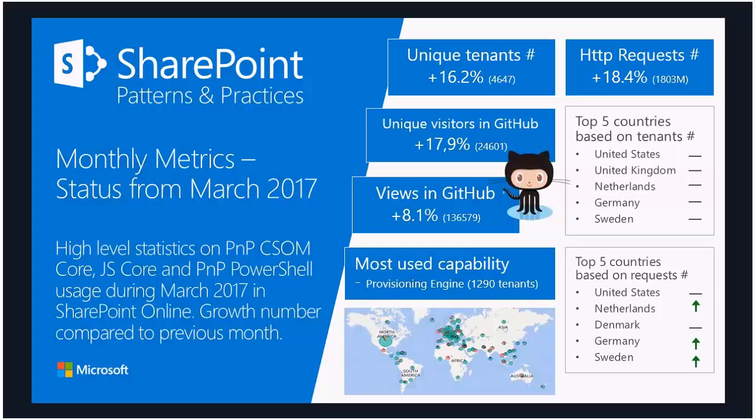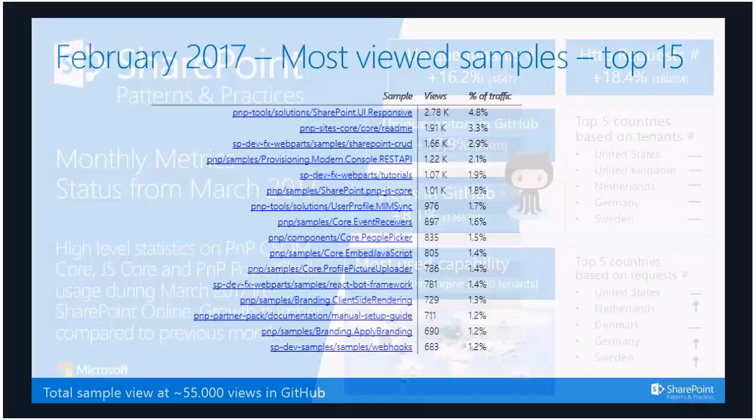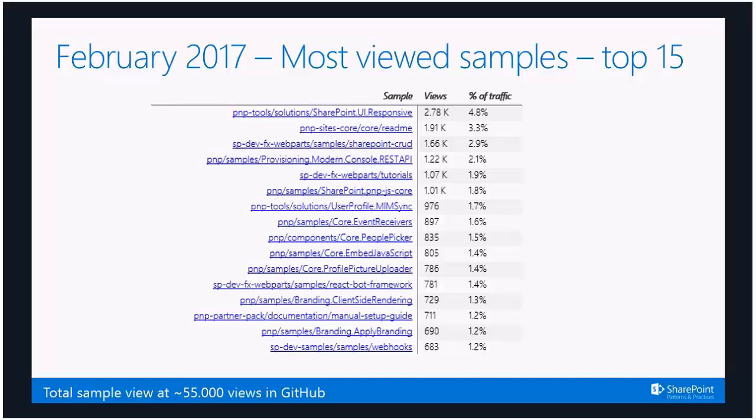So, just to give you an idea, those are the most viewed samples in the PnP repositories. As you can see, we still have the responsive UI, which is really, really often requested, as well as, for example, the provisioning modern console application, which is very used by the community.